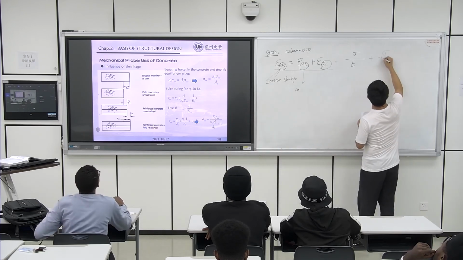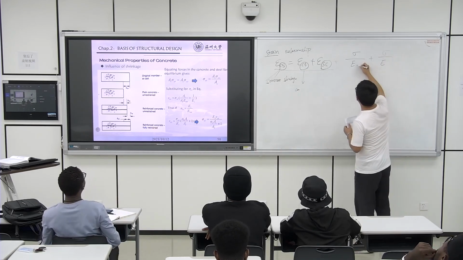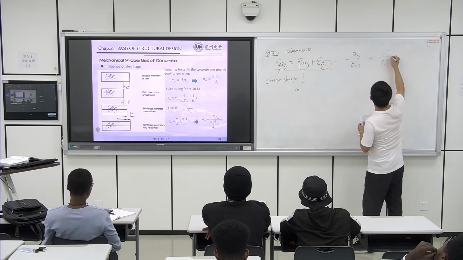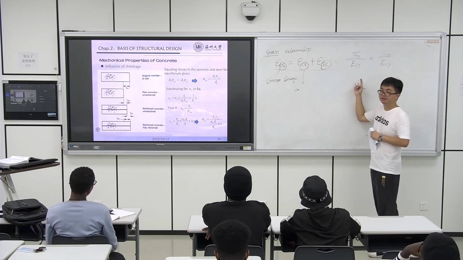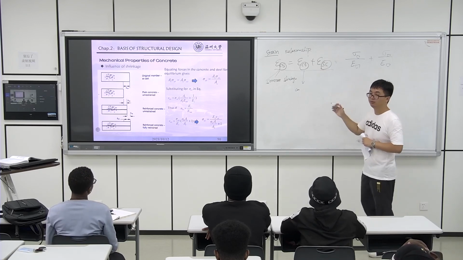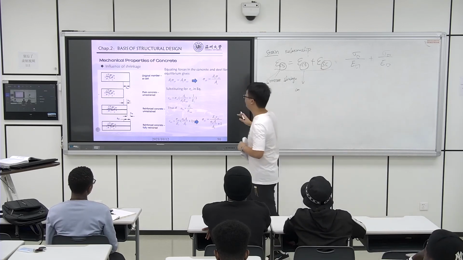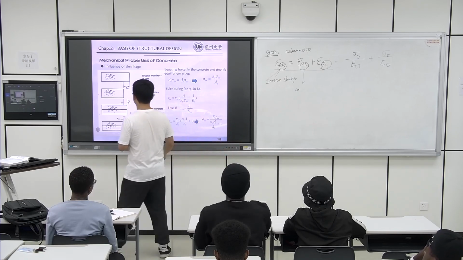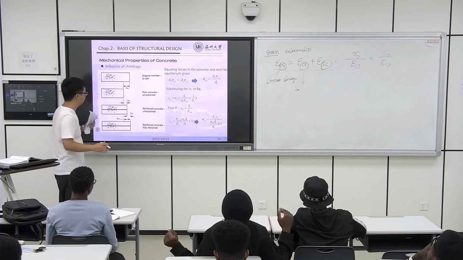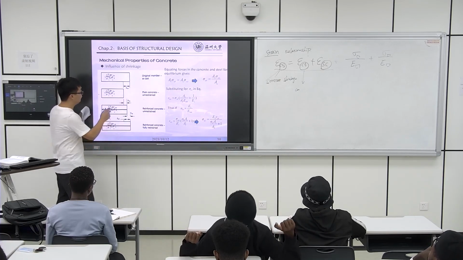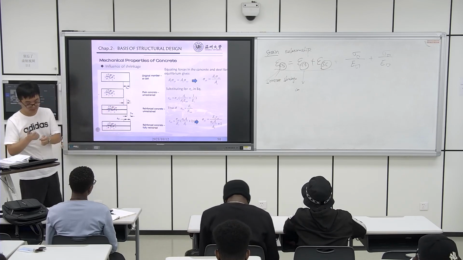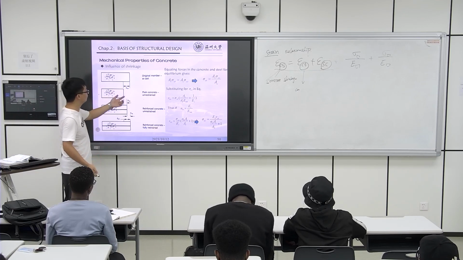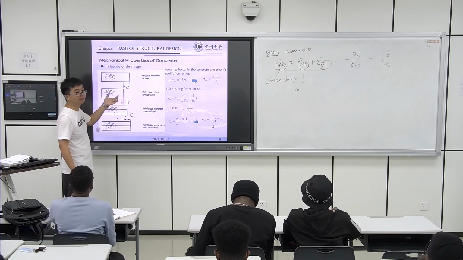Here we have this formula, but we are not sure what this symbol represents. Let's go back to analyze. Here, we can think this is the shrinkage caused by the concrete, right?